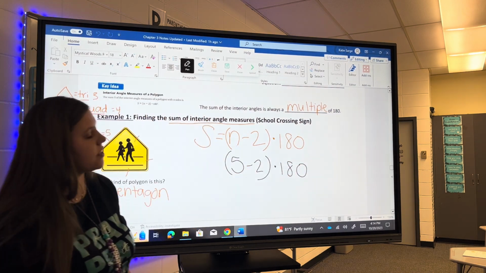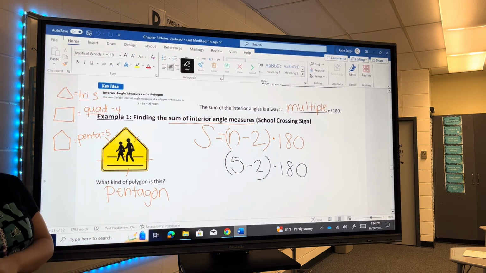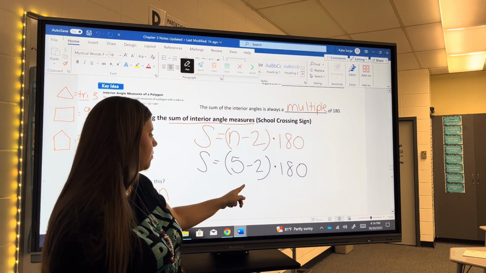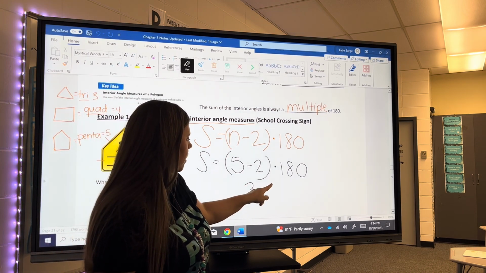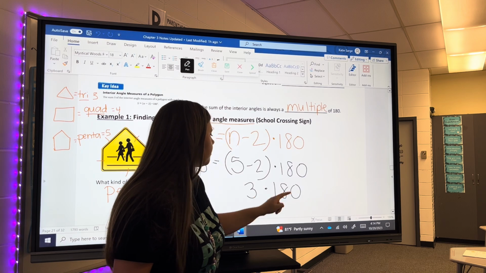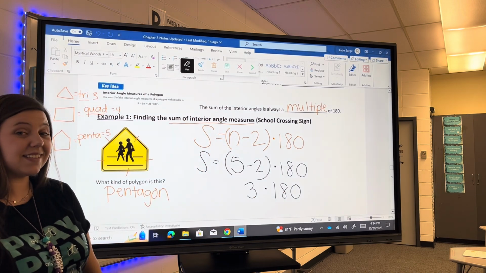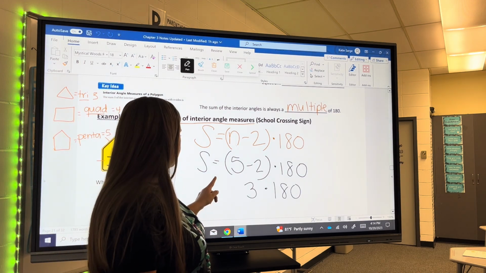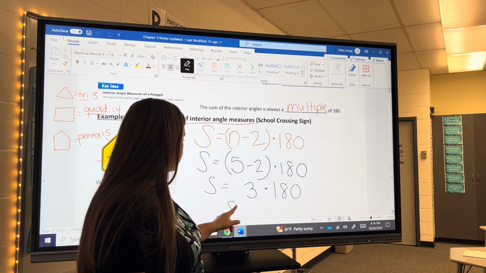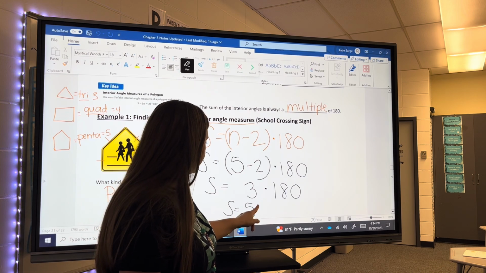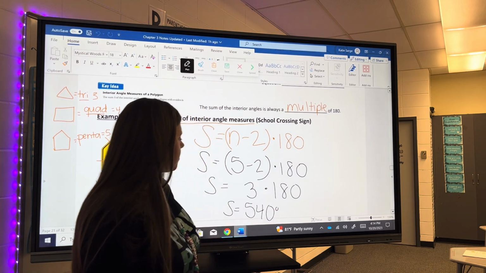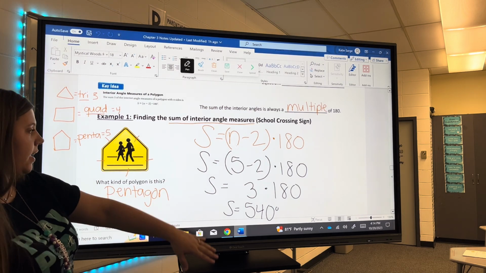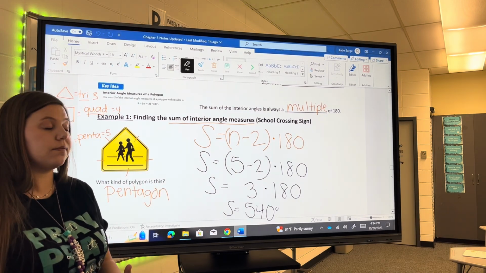That's going to give us the sum of these interior angle measures. So 5 minus 2 is 3 times 180 is, anybody? S equals 540 degrees.